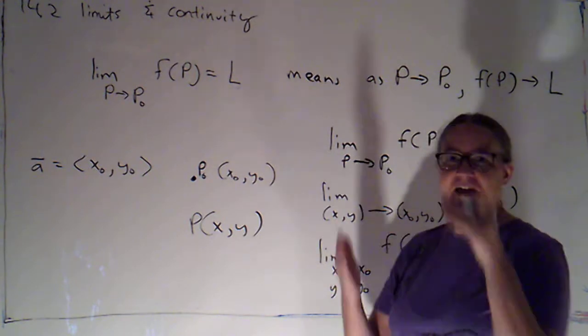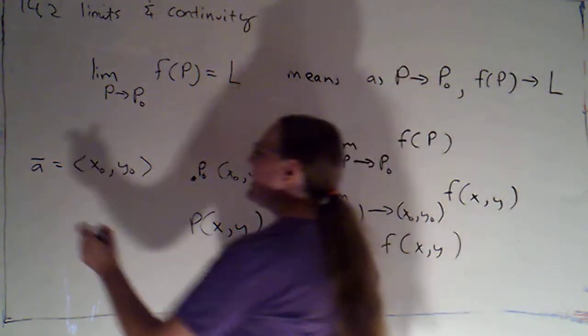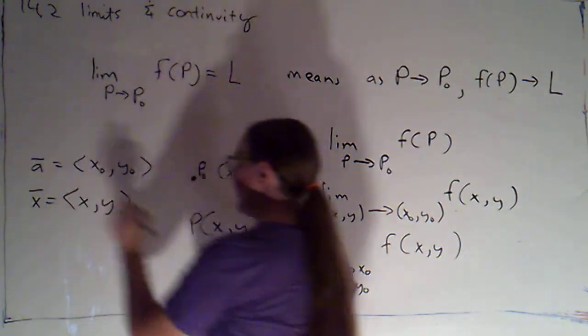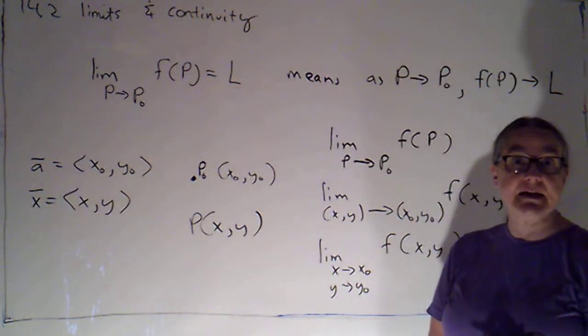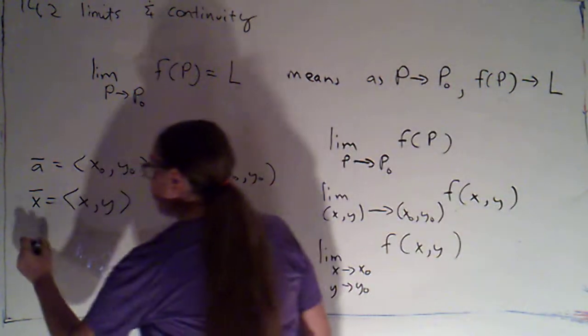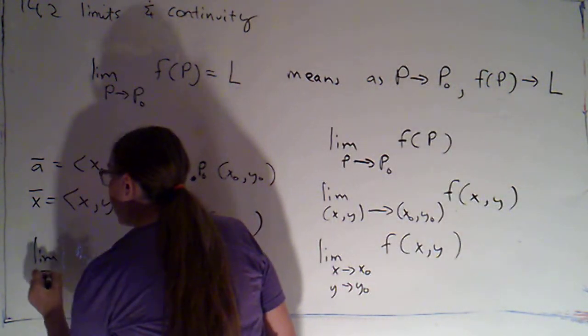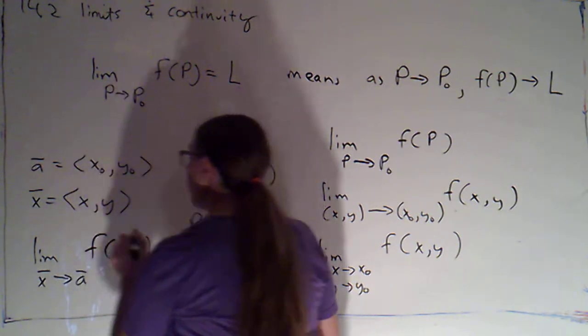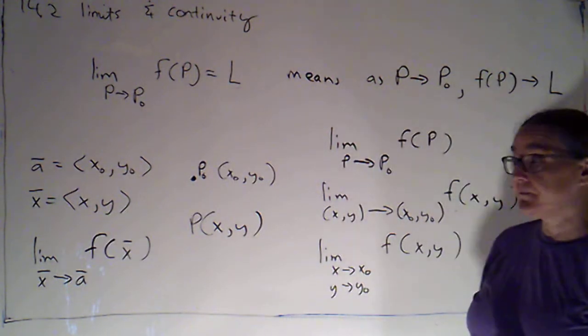And of course, graphically, I would represent it as that point. And then I could say x would be the position vector for my arbitrary point P. Okay. And then I could, if I wanted to, write this as the limit as x approaches A of f of x. Okay.